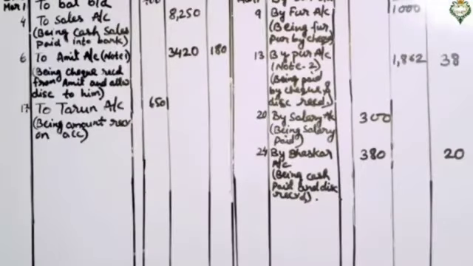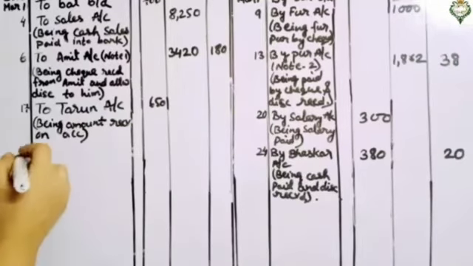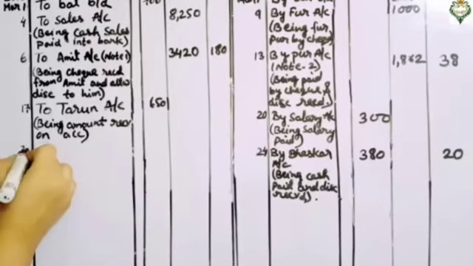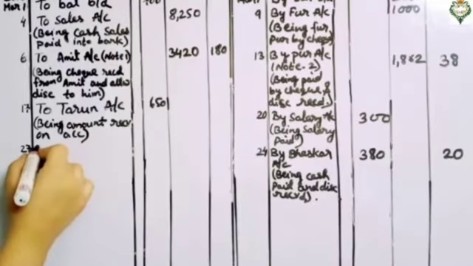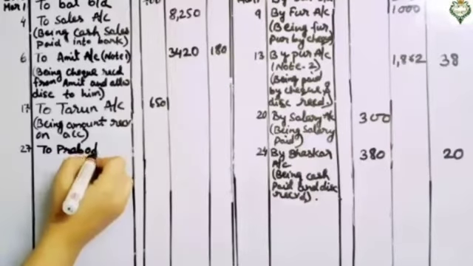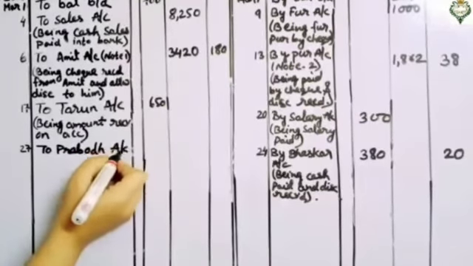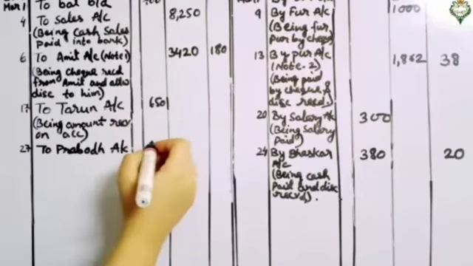Then come to the next transaction that has been done on 27th March. Received from Prabodh for rupees 500 in full satisfaction, that is 450. So we have received, so we have to record on the debit side by writing 27th here on the date column, and we have received from Prabodh. So to Prabodh account, and we have not been given the 500 in full, we have been given 450.